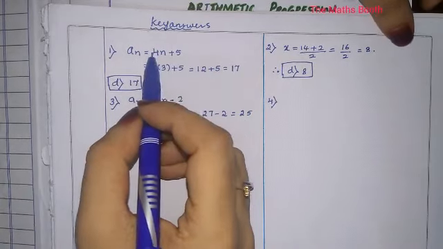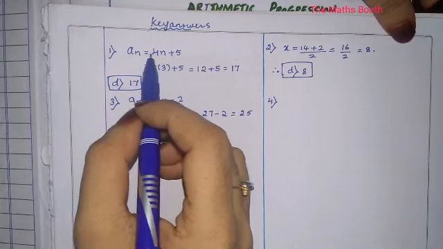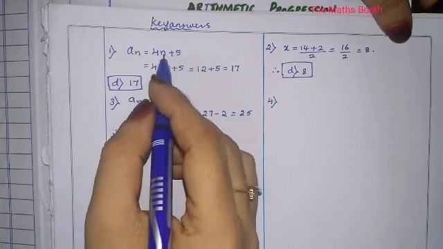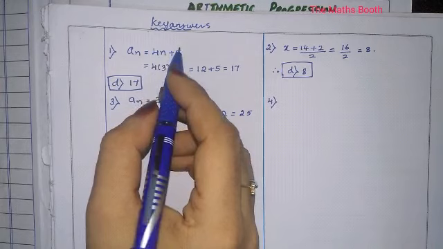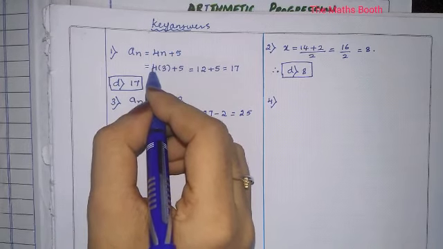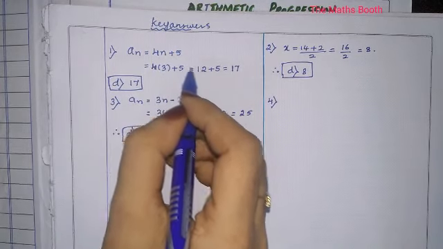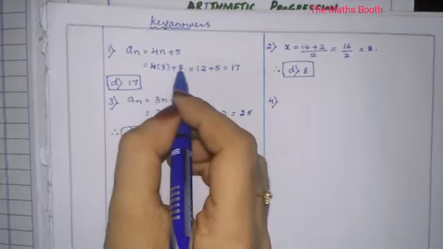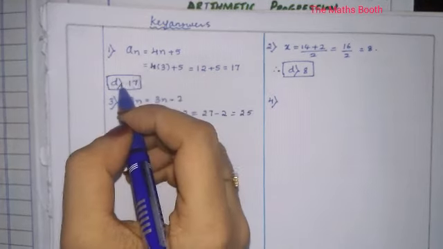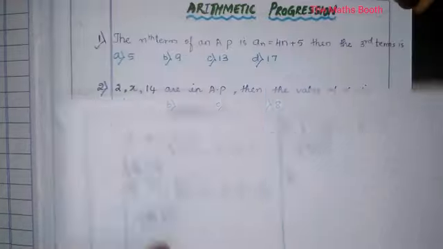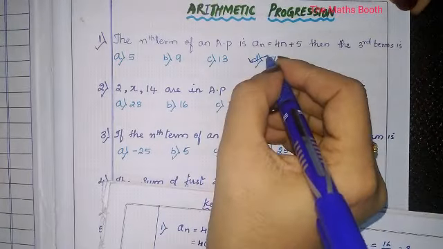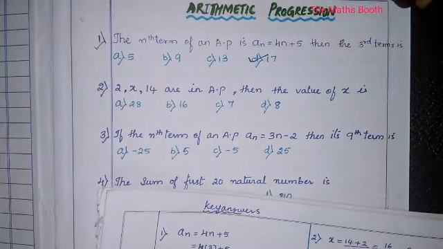Find the third term. In n place we have to substitute 3. 4 into 3 plus 5 is equals to 4 threes are 12 plus 5, that is 17. So the correct option is D, 17.